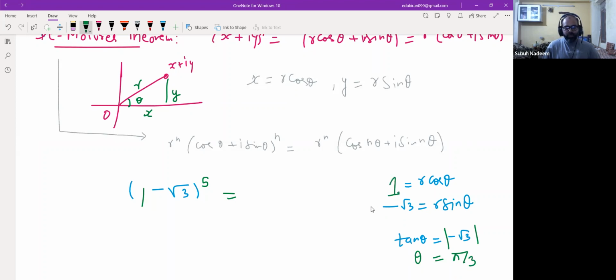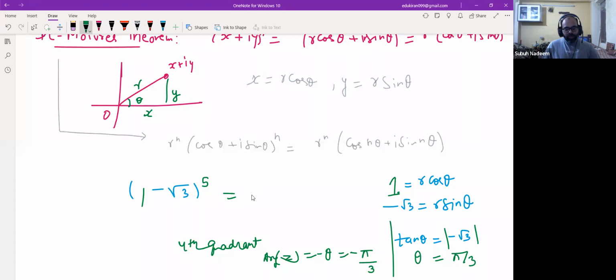Now x is positive, y is negative, so it is in the fourth quadrant. So in the fourth quadrant, we take argument of z equal to minus theta. Sorry, the tablet is a little disturbing right now. So this is minus pi by 3.